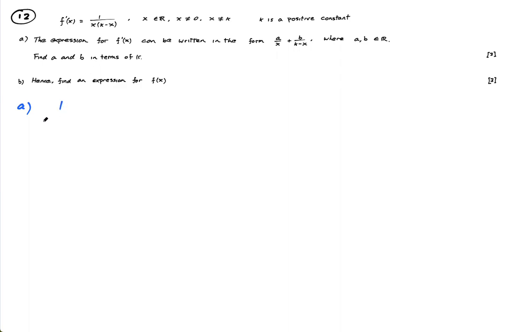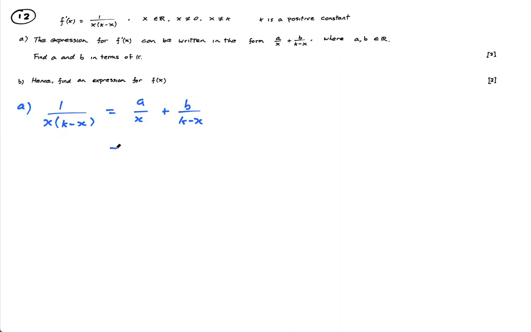So we can say 1 over x times k minus x equals a over x plus b over k minus x. Now the thing is, we don't know what a and b are, but we can find them.